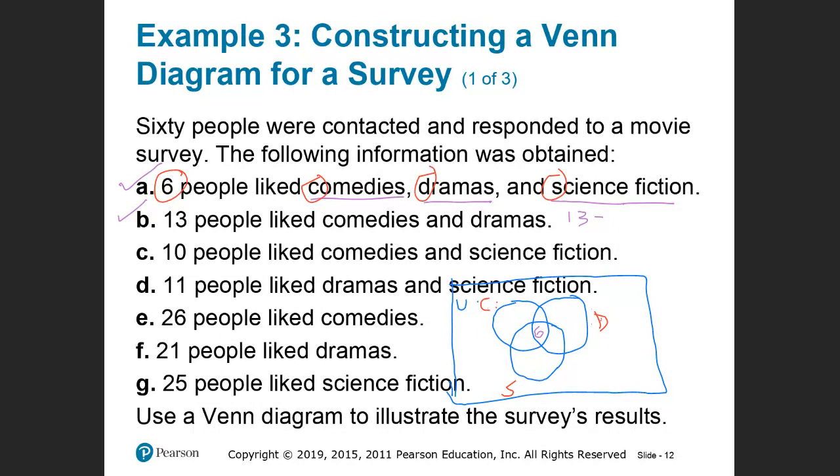You're looking at set C and set D. So that goes with C and D. So there's 7. 13 minus 6 is 7. So goes here.